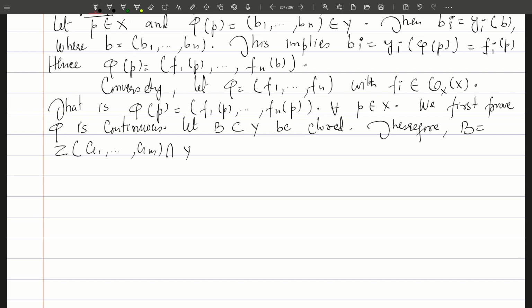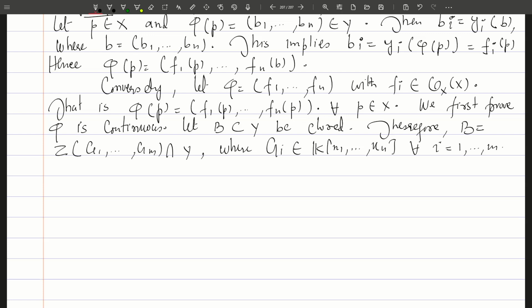So these gi's are some polynomials, where gi's are in the polynomial ring in n variables, because this y is a subvariety of A^n. So this is true for all i equal to 1 to m.